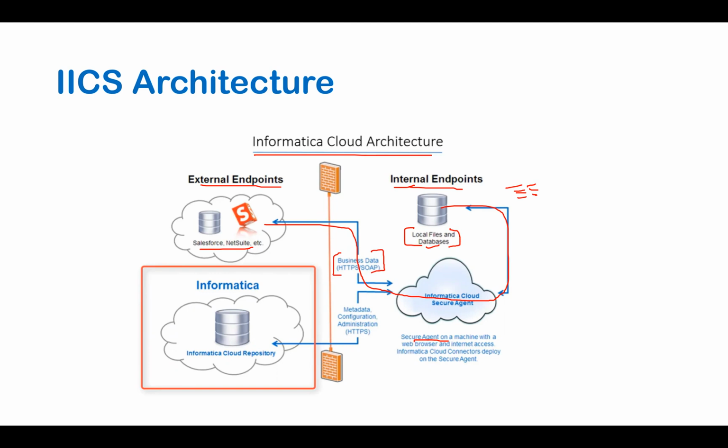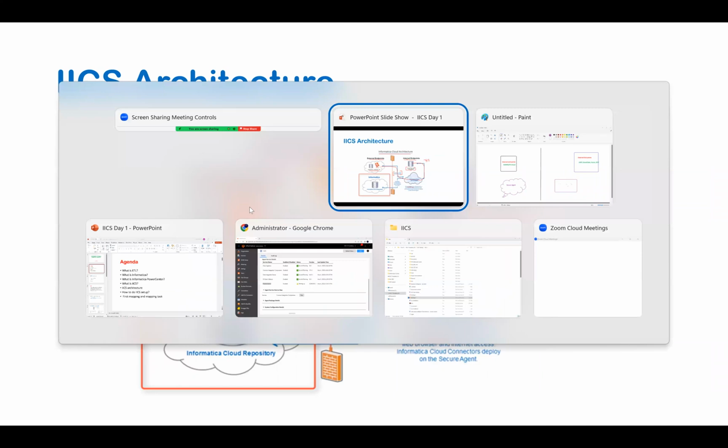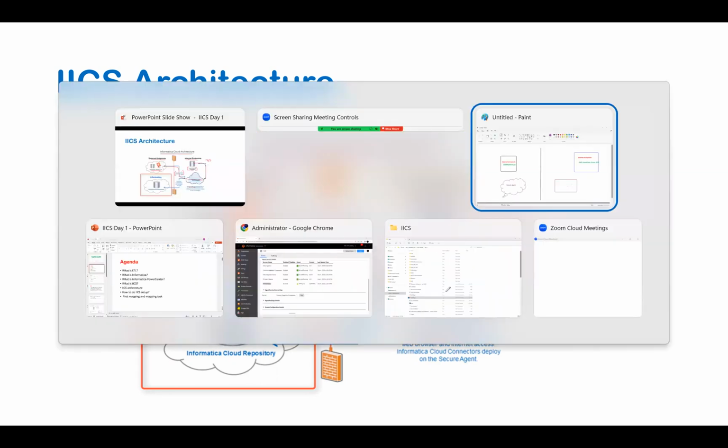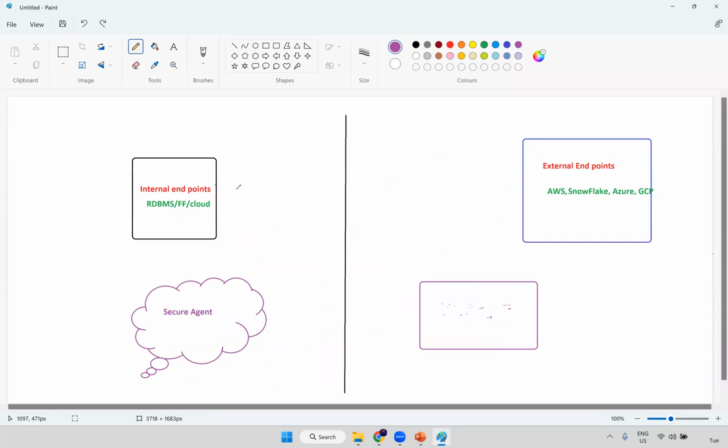Yes, we will move it, and it should be moved to the other external endpoints through the secured agent. Why? Because only this secured agent will establish a secured connection from our local environment to our external endpoints. So this is our business data.